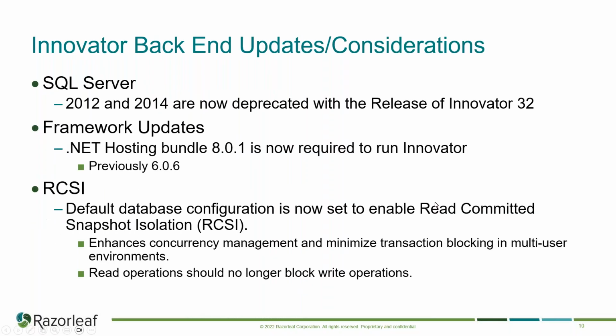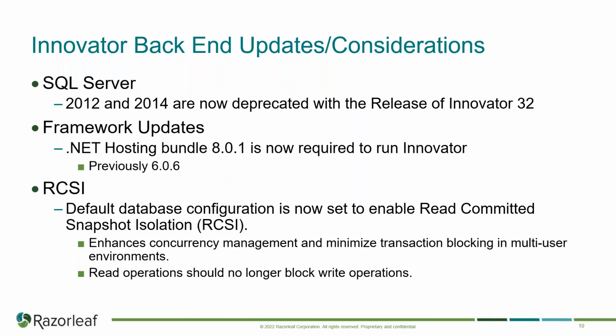All right, so some pretty important back-end updates and things to consider. The top few of these have been noted for a while now, but just to keep you in mind, if you're new to Tech Tuesday, if you're currently running 2012 or 2014 versions of SQL Server, that's now deprecated and not supported with newer releases of Innovator as of release 22 or 32, as well as there are new framework requirements.